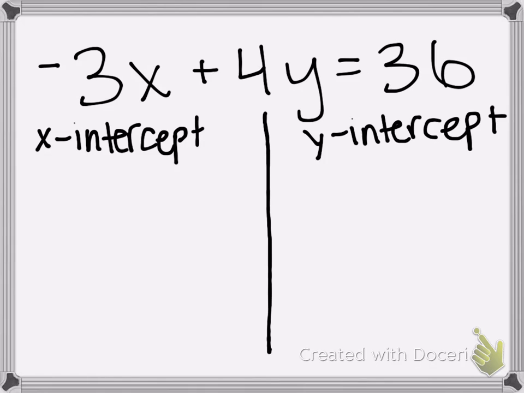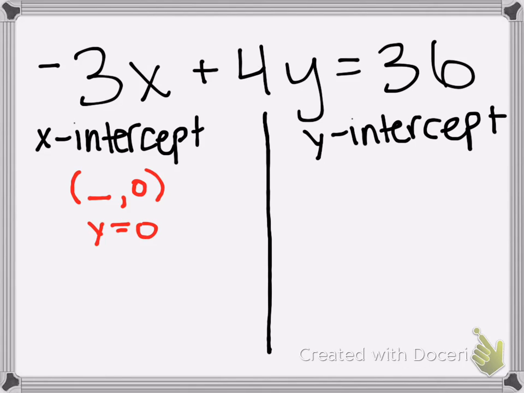So from the foldable, you should know that the x-intercept is going to be an ordered pair that has something with a 0. So your x-coordinate is going to be some number, and your y-coordinate will always be 0 for your x-intercept. So we know for a fact that y equals 0.